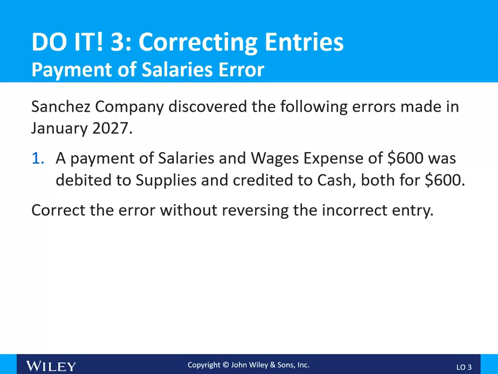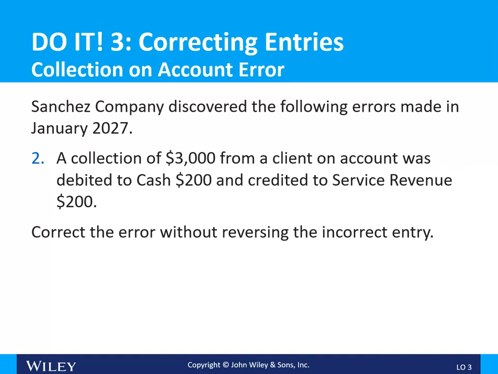So the fact that we credited cash $600 is correct, but we had a debit to supplies instead of salaries and wages. So to correct that entry, we're going to debit salaries and wages expense, which is what it should have been, and credit supplies, because that's the account that was used that shouldn't have been used. That's our correcting entry.